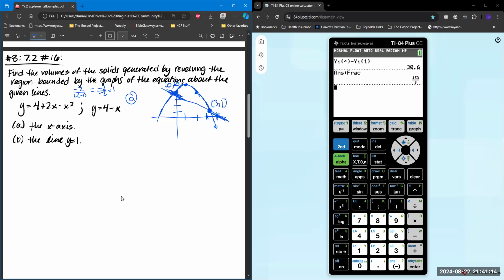And I'm interested in this region here. It's going to be revolved about this axis.